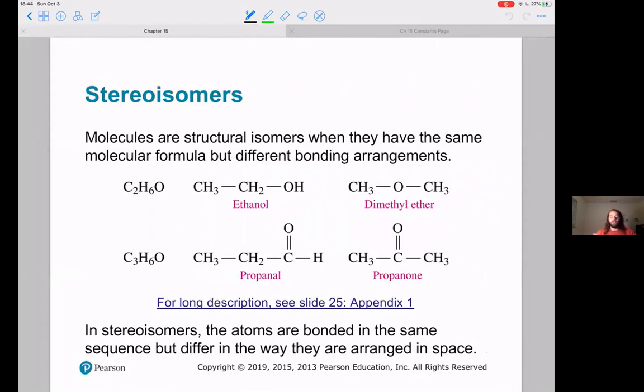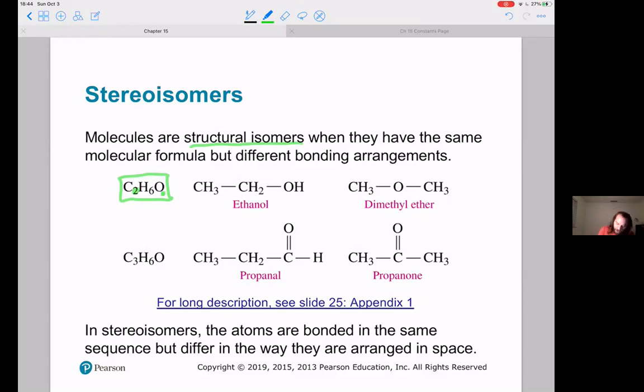So again, we talked about structural isomers. These are molecules that have the same molecular formula, but the connectivity of the atoms is different. So for example, ethanol and dimethyl ether are structural isomers, but ethanol has carbon, carbon, oxygen, whereas dimethyl ether has carbon, oxygen, carbon. So those two carbons and that oxygen are arranged differently.